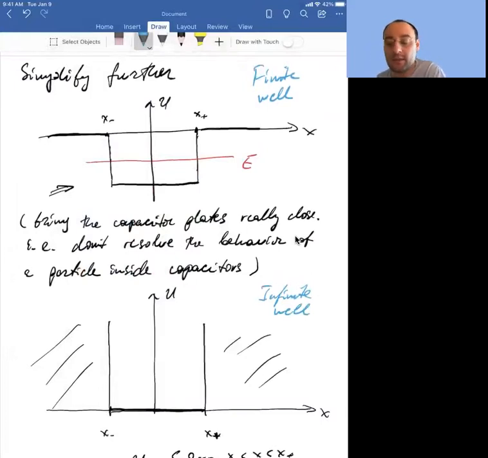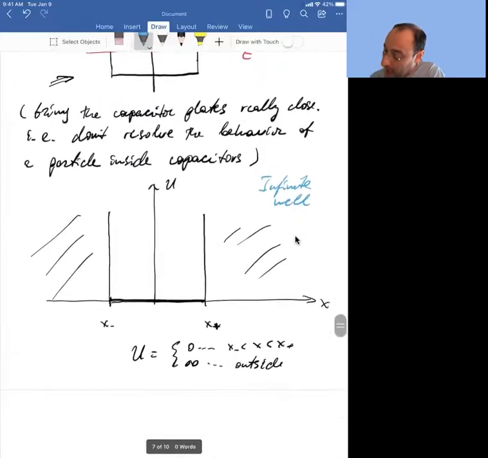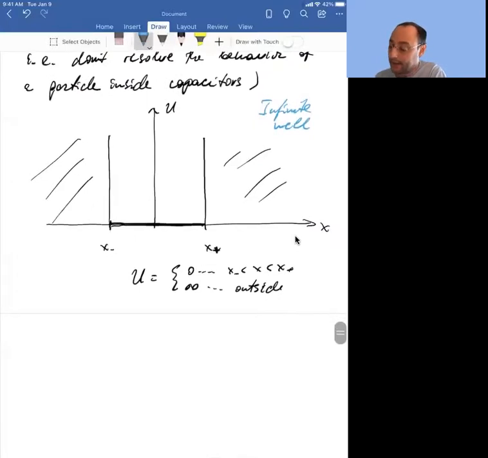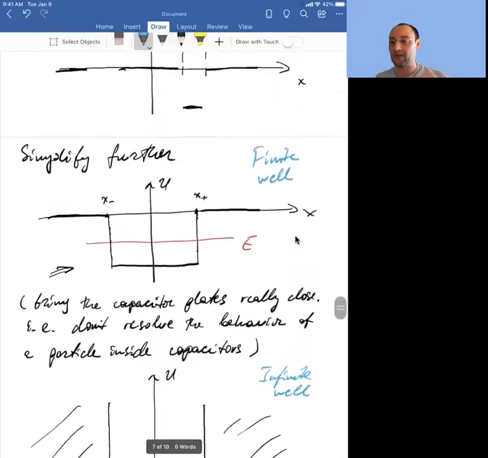It makes problems simpler. And you will see that when we do solve the Schrodinger's equation for this problem, it will actually be very similar to a wave on a string. So this is a set of simplifications.